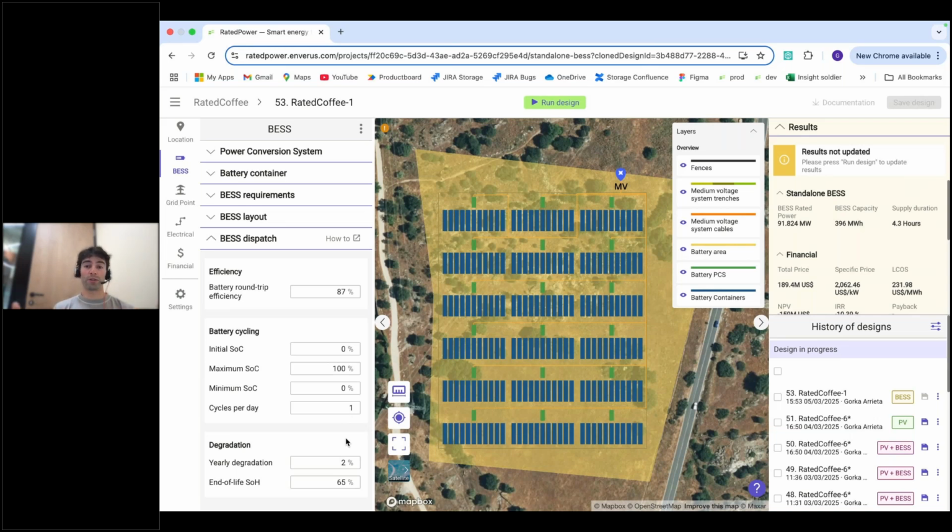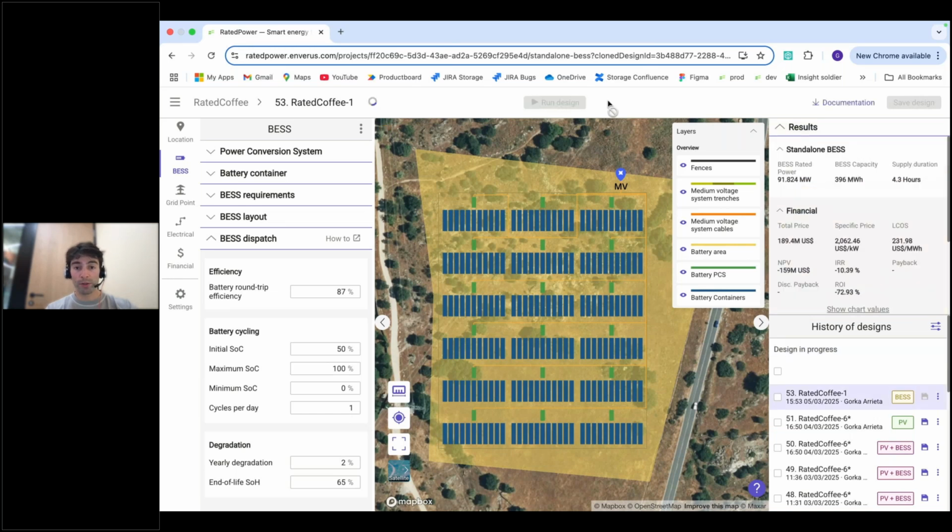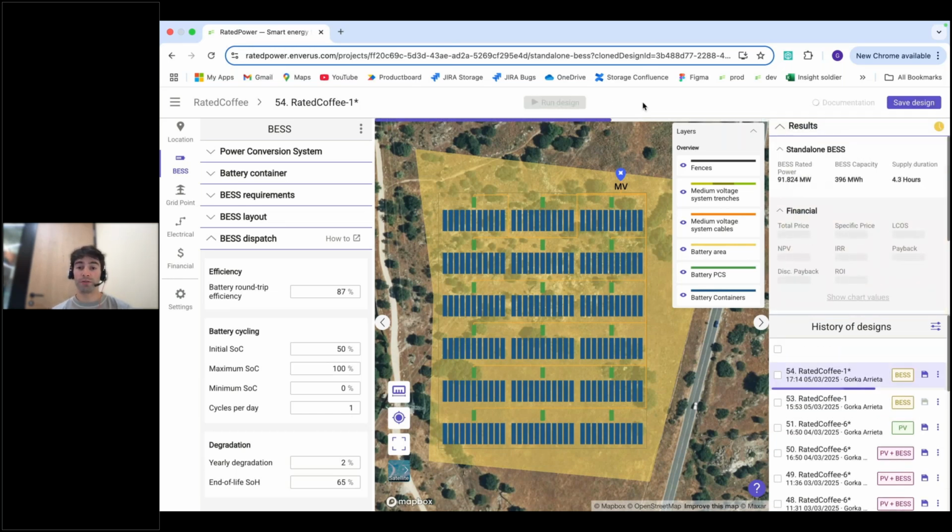At this point, we consider that the battery is dead and the simulation stops. So yeah, those are the inputs. Let's change, for example, this to 50, because why not? We can start with the battery half full, and let's run the simulation so we can see some of the results.